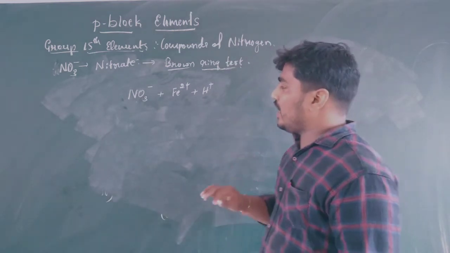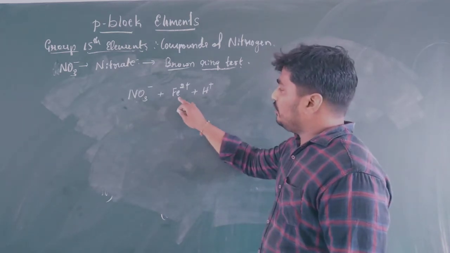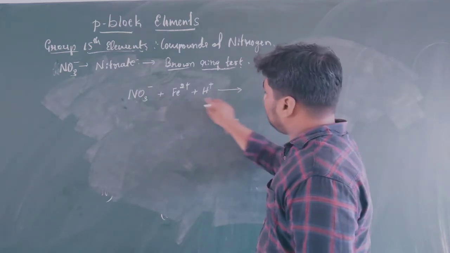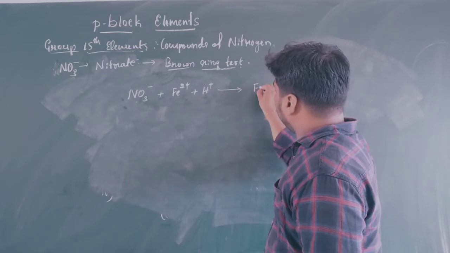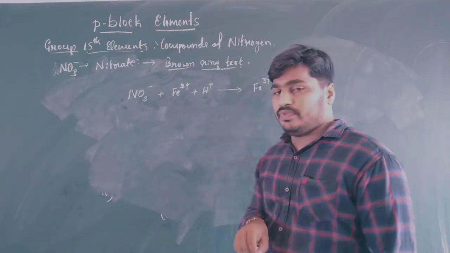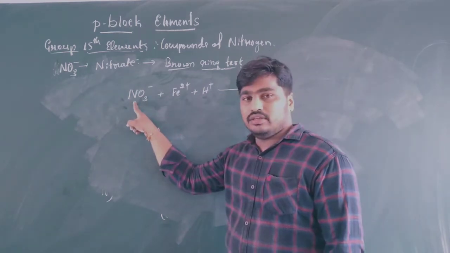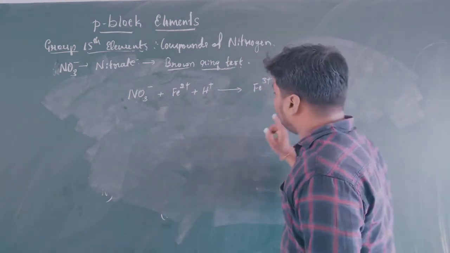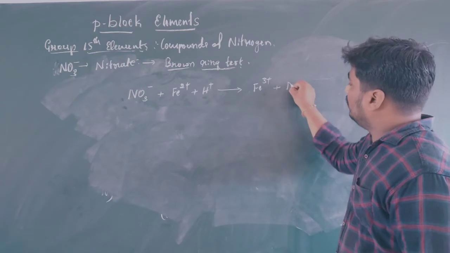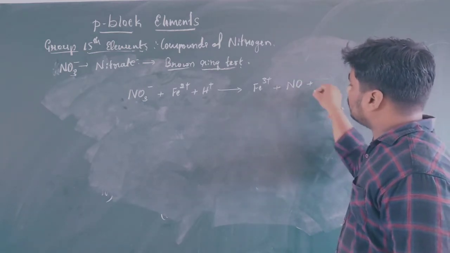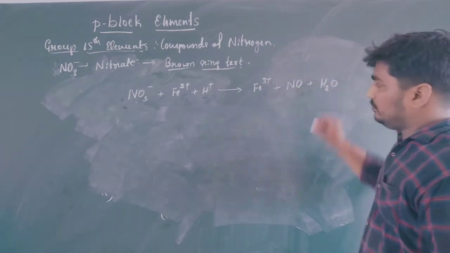Here, when NO3 reacts with Fe2 plus, it oxidizes Fe2 plus into Fe3 plus, and itself undergoes reduction, acting as an oxidizing agent, and it gives nitrogen monoxide, and water is produced.